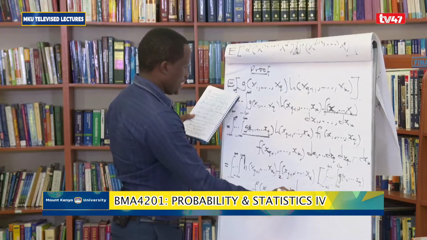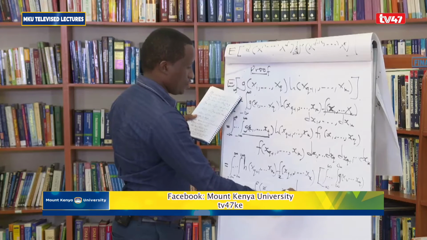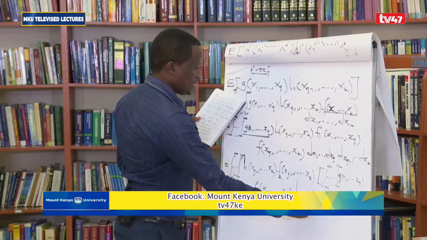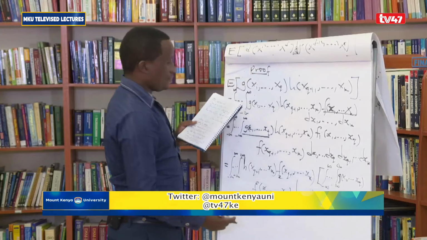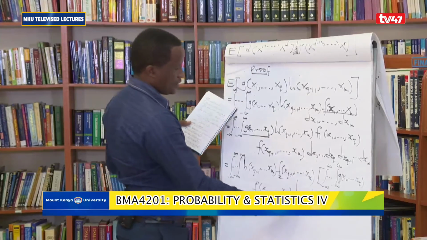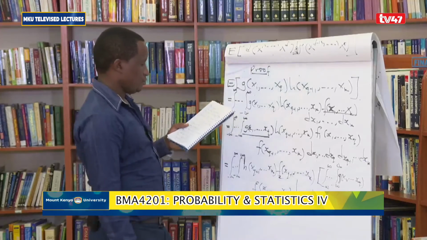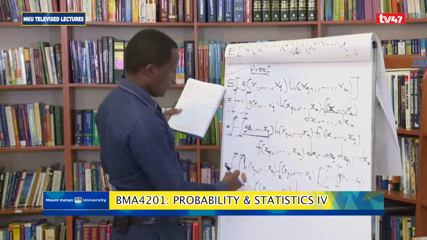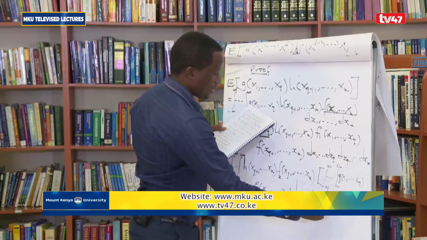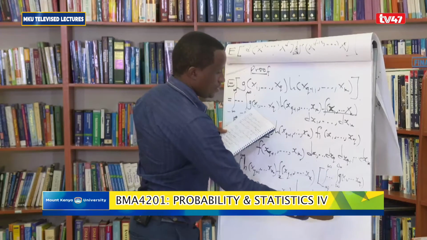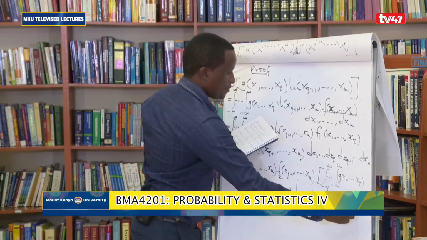Then dx1 all the way to dxq. Close this. Then we have this other part, the dx all the way to the dx in terms of the partition for q, starting from q plus 1. So we have dx q plus 1 all the way to dxk.